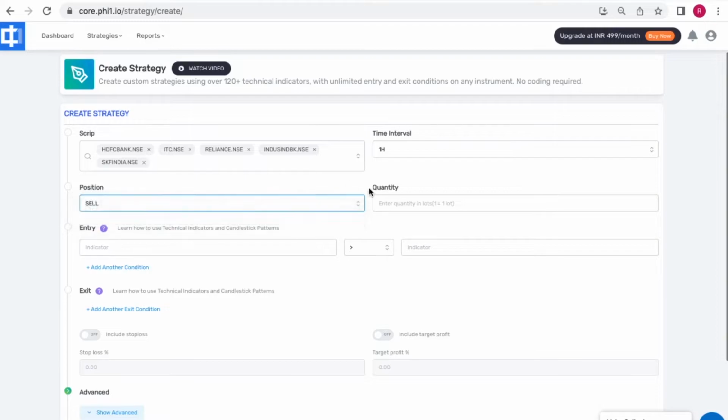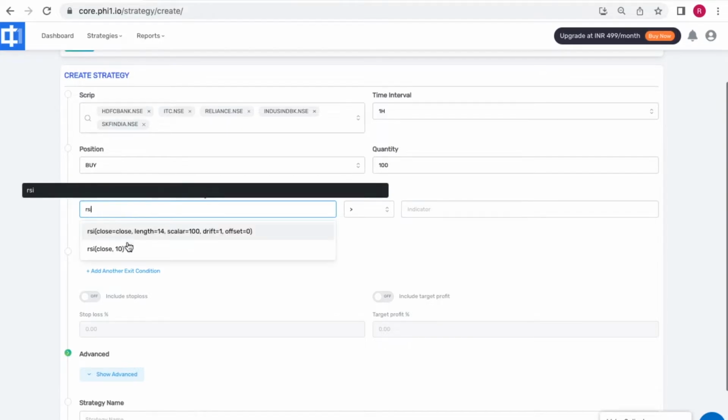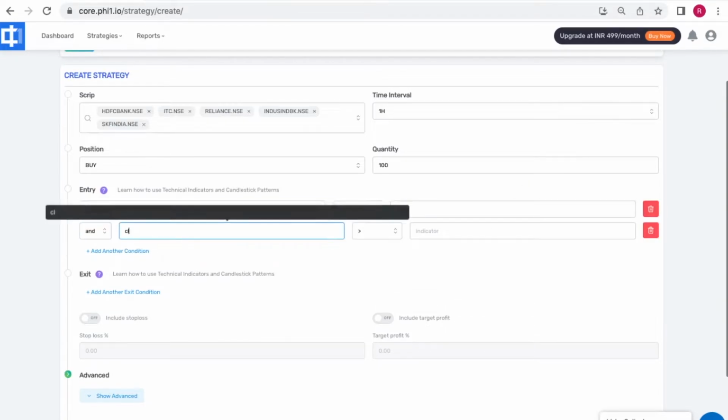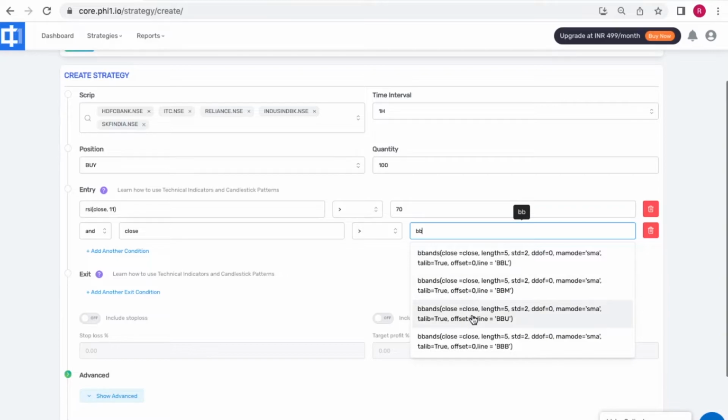My position would be a buy, buying 10 quantities or say 100 quantities of each of these scripts if my conditions are met. My entry condition will have RSI being greater than 70 and my closing price being higher than my upper band.